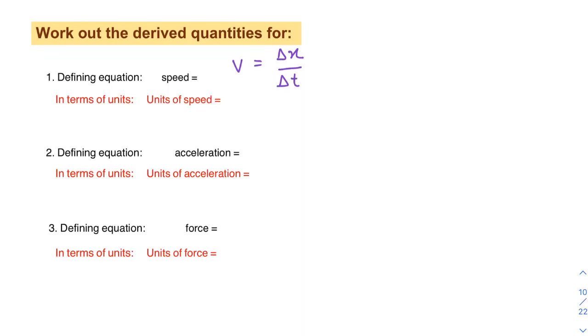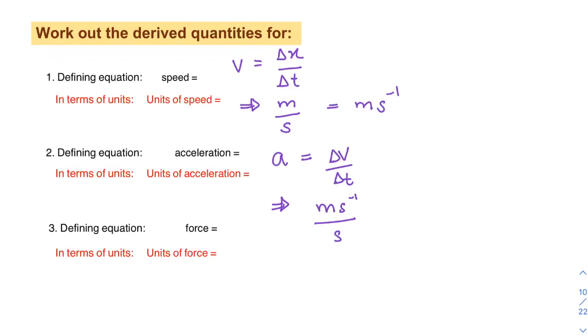In terms of unit, speed is meter over second, commonly written as ms-1, meter per second. For acceleration, it's how much the velocity changes over the time taken for that change. The unit for acceleration is meter per second over second, so it's ms-2.